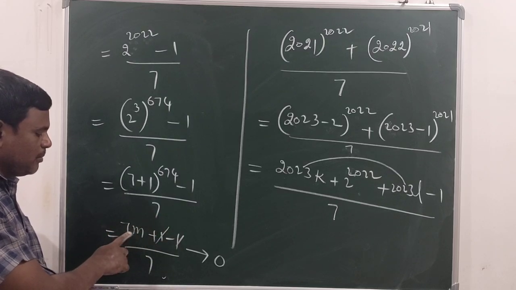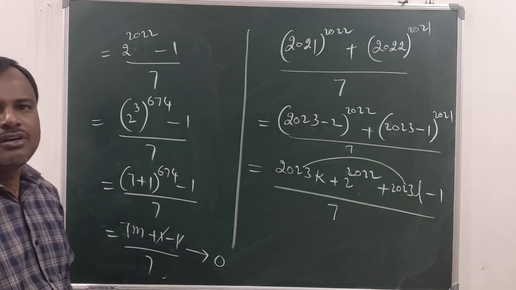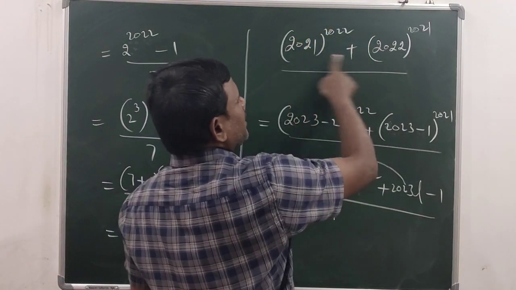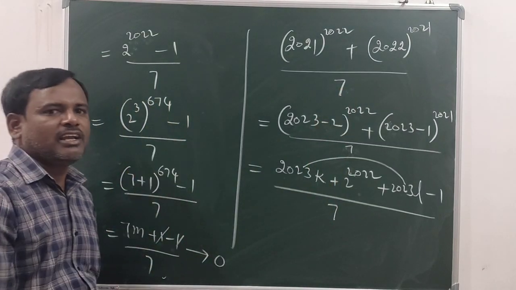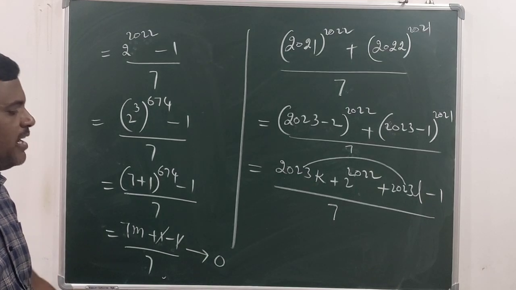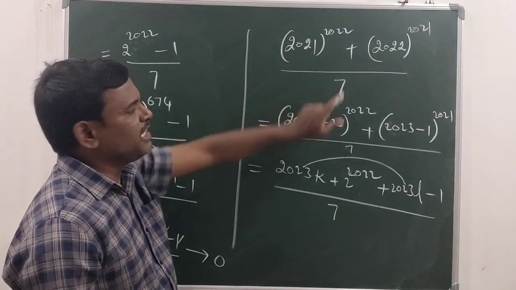This is a multiple of 7 and both of them cancel in the remainder place, so you got 0. Hence, what is the remainder when it is divided by 7? 0, because it divides exactly. No remainder is left. This is exactly divisible by 7.